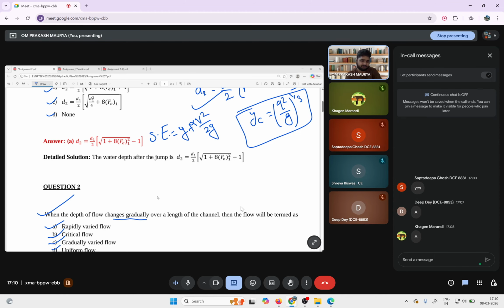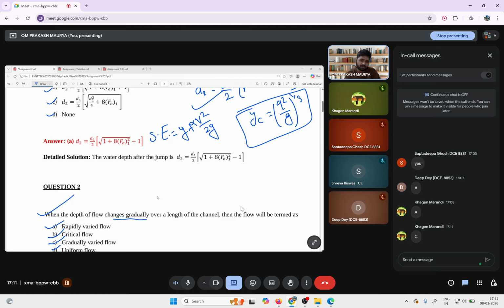Just try to write here, no need to explain. Okay, Hagen is telling option C, gradually varied flow.